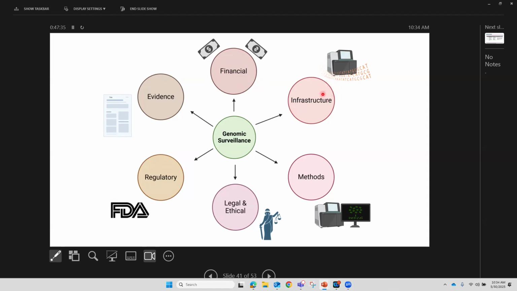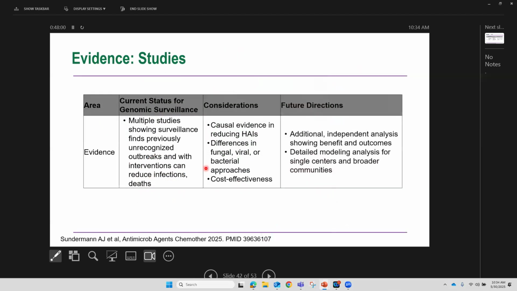So infrastructure. I have a research lab, so we can do it, but most hospitals do not. And so you need commercialization of these approaches, commercialization of real-time sequencing, and also these algorithms to identify the transmission route. And there are all sorts of other regulatory and other issues.